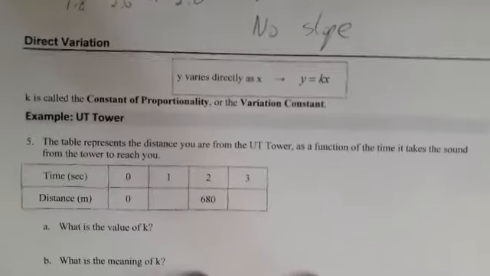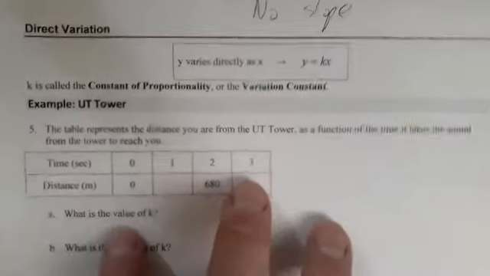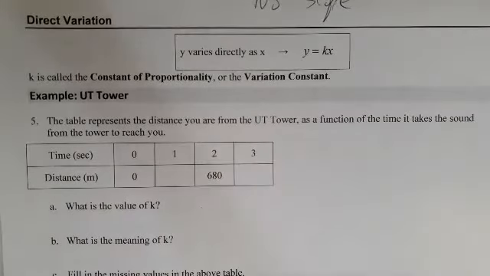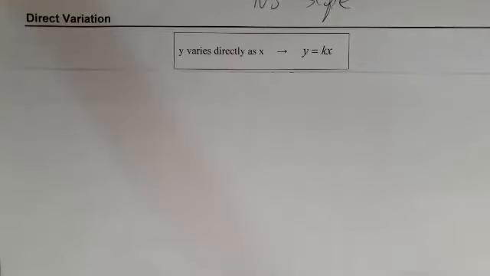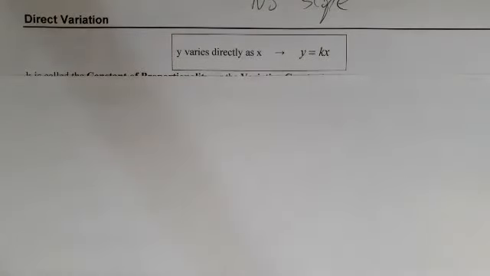So this is a little bit new, but it's only new in the way that we're using our vocabulary, I think. So if we see something that looks like y varies directly as x, the first thing I want you to think that pops in your mind is that y equals kx.